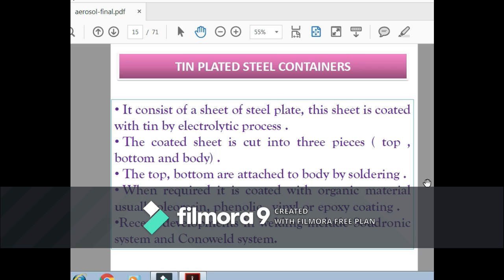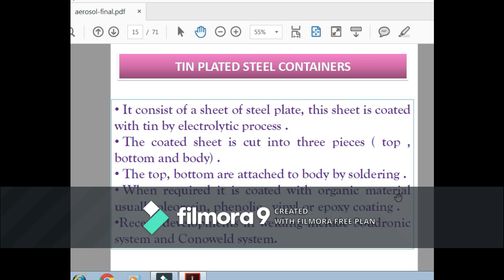That coating will avoid the contact of your drug with your container. So just for protection purposes, we have to coat your thin plated steel container to avoid corrosion. That's why we have to coat that container from the inside. And then we prepare your aerosol container.